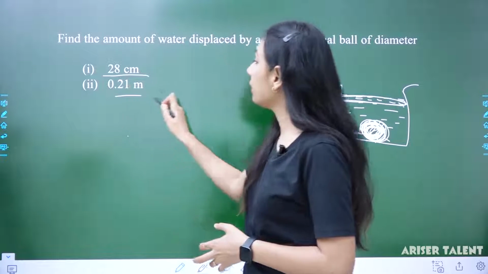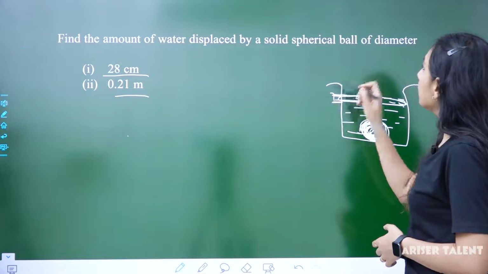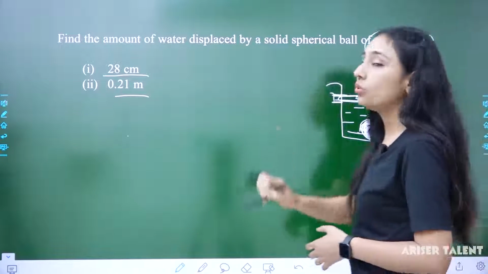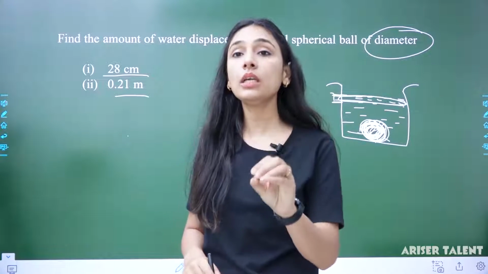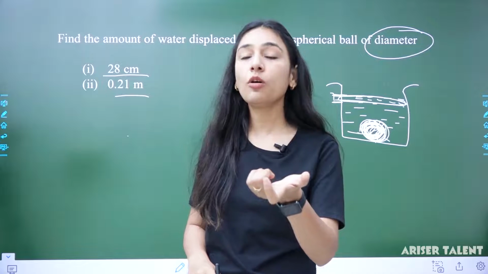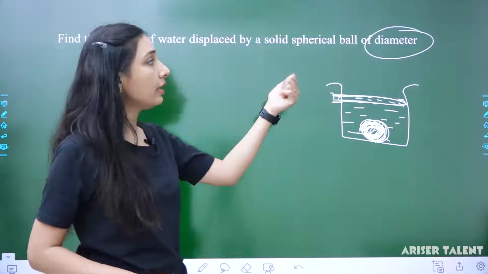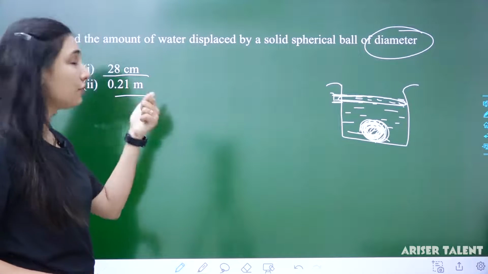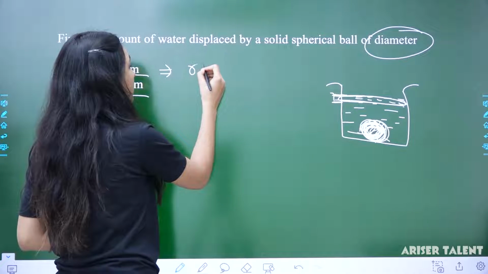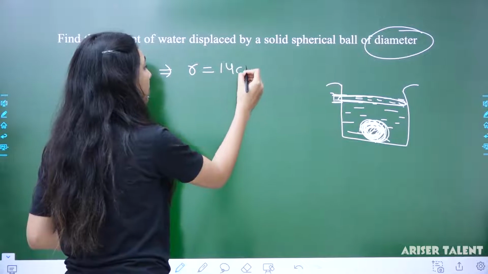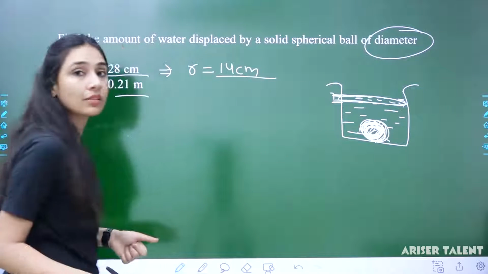You are given two things, 1 and 2, which are diameters. Whenever in these kinds of questions, we will always use the radius in the formula. If something is given as diameter in the question, first convert it into radius. 14 centimeter will be the radius of it.